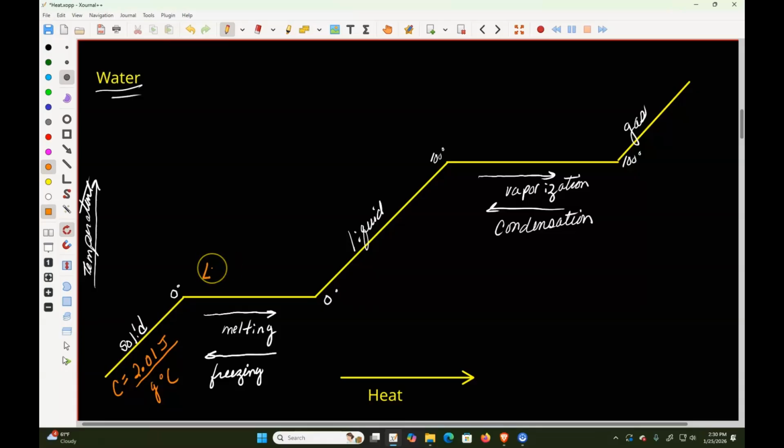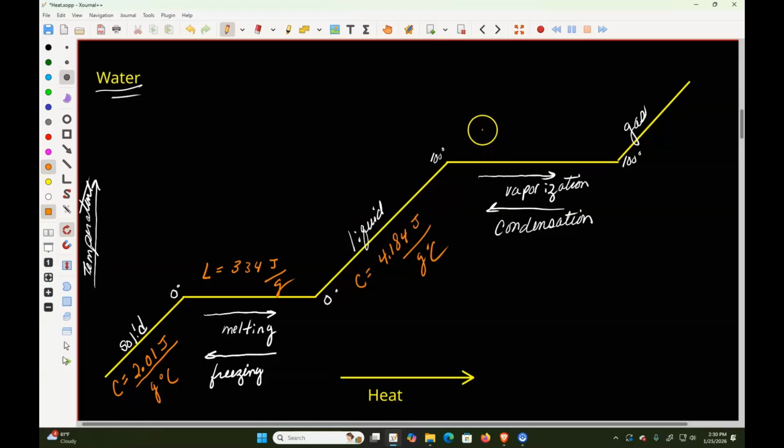The latent heat between freezing and melting, the latent heat for water, is going to equal 334 joules per gram. The specific heat for water is going to be 4.184 joules per gram degrees Celsius.